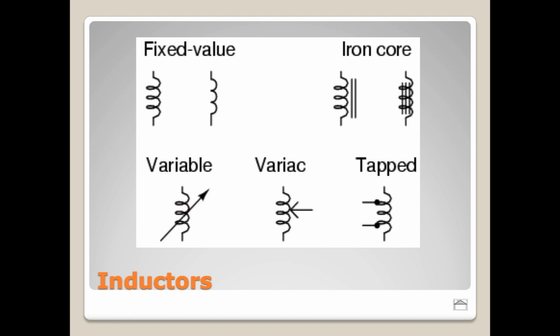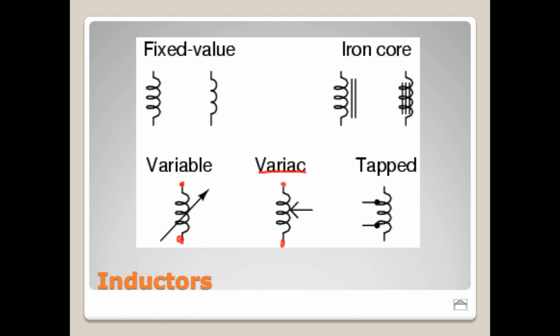Now keep in mind with this symbol, with a variable component, we still only have two electrical contact points that interface with the schematic. That's a little bit different from the variac, right? So by the way, notice, hey, a variac is a large inductor, right? If we look here, we can see we actually have three electrical contact points.